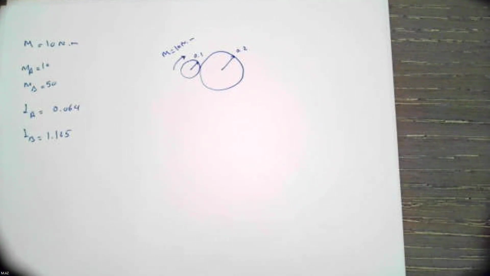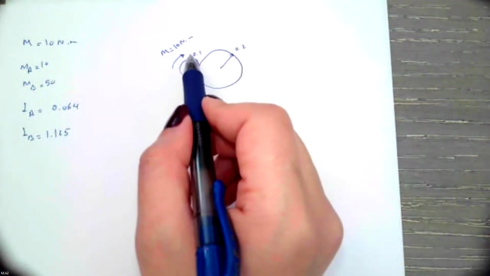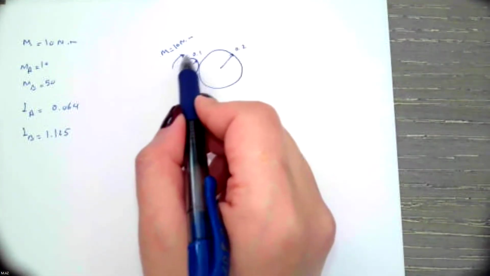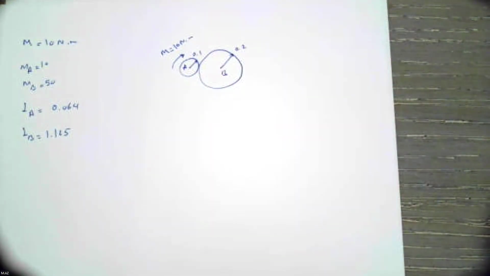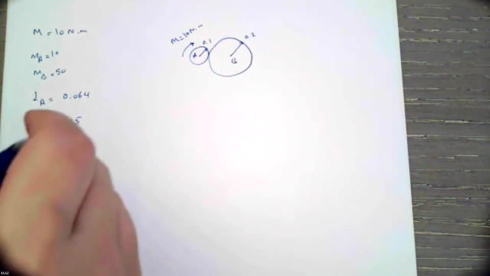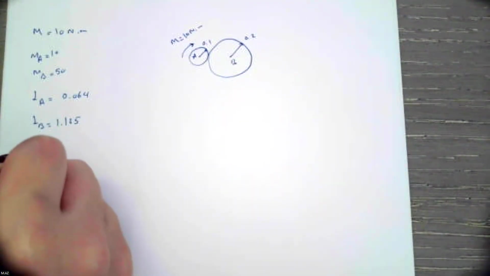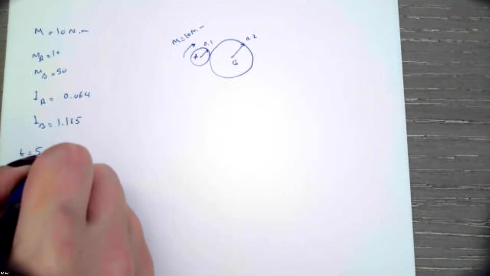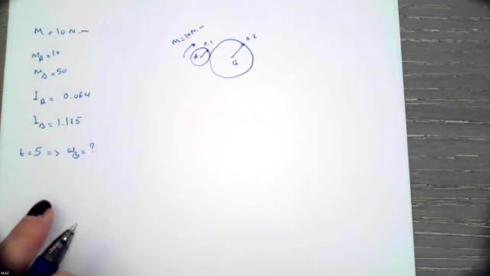Based on this problem, we have this force and this external moment that apply on gear A, and this is for gear B. And we have to find omega at time 5 seconds.